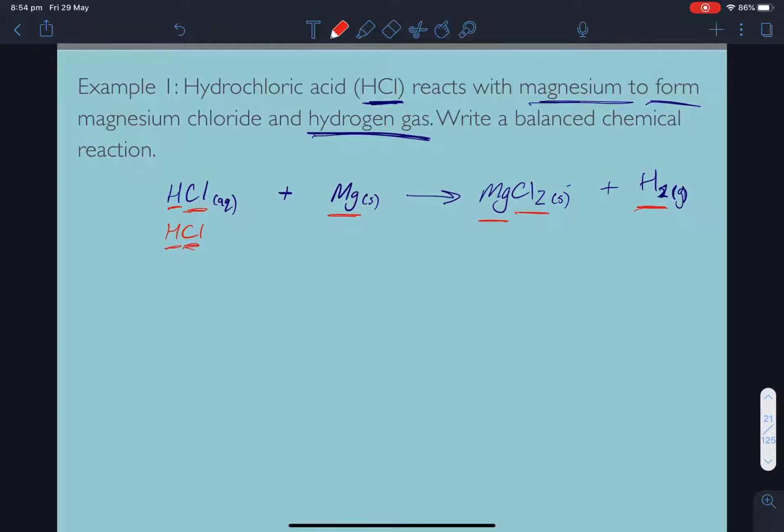Because I know I'm balanced, I'm going to rewrite it with my stoichiometry on there. So 2 HCl aqueous, and I've got 1 atom of magnesium. I was about to say sulfur, embarrassing. S for solid, not sulfur.